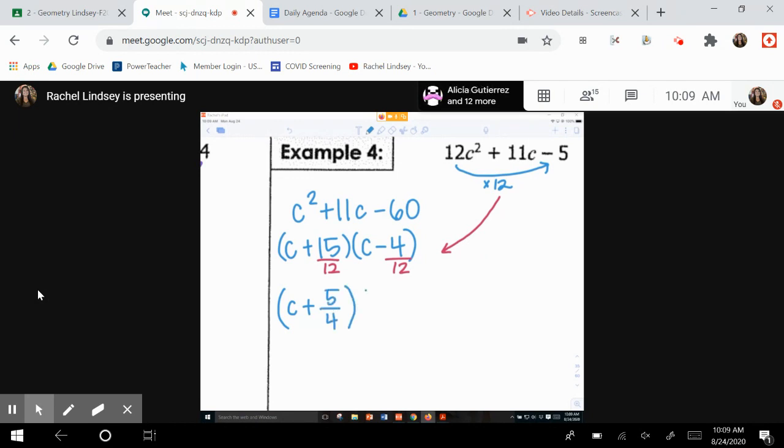And then what does 4 over 12 reduce to? 1 over 3. Do I want to have those fractions in there? No. So I'm going to slide those denominators in front of the variable. We'll have 4C plus 5 times 3C minus 1.